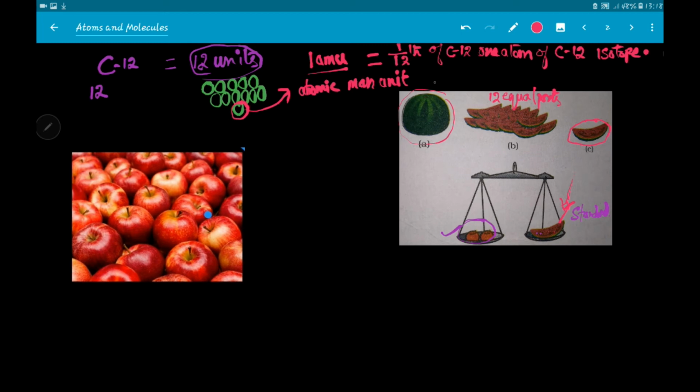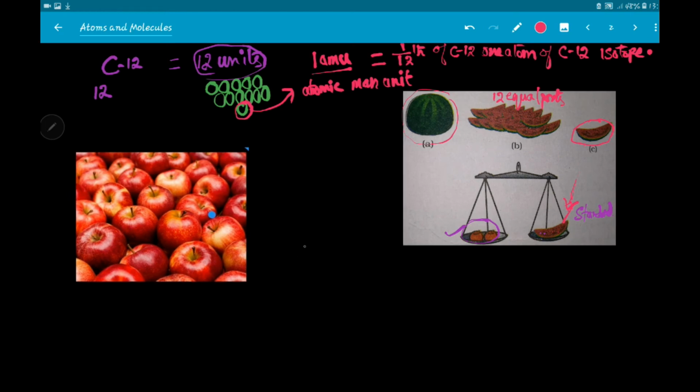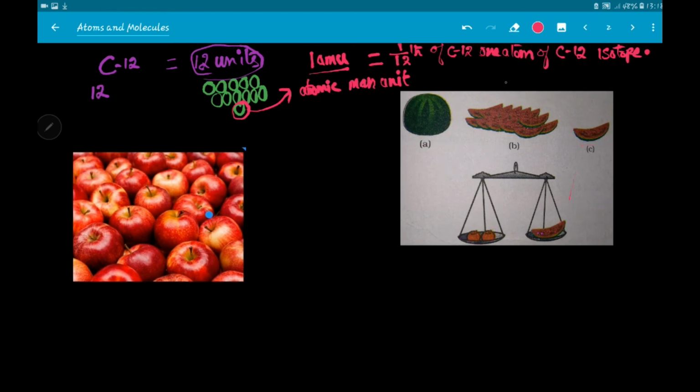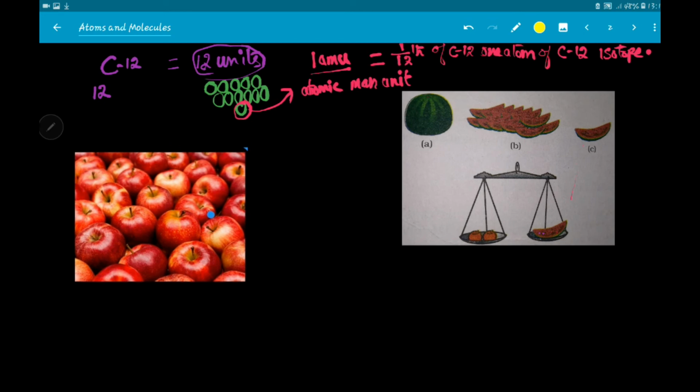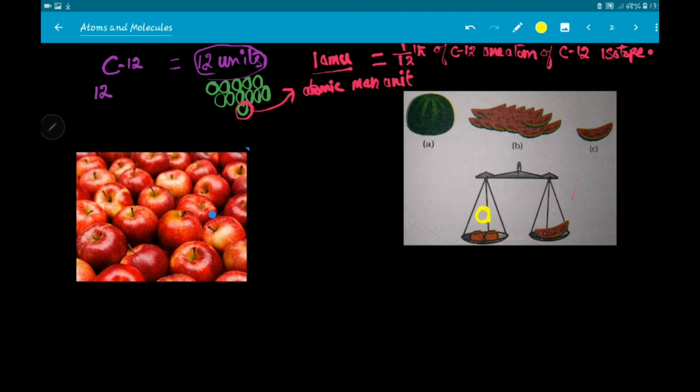By using this AMU, that is 1/12 of the carbon-12 isotope, we are going to compare the mass of other elements. For example, take hydrogen. Consider this as carbon, this is 1 atom of carbon.